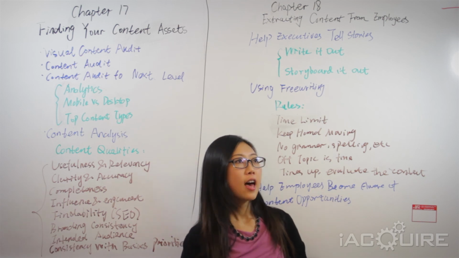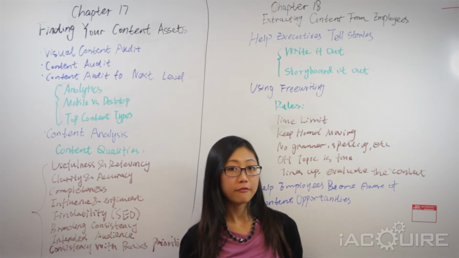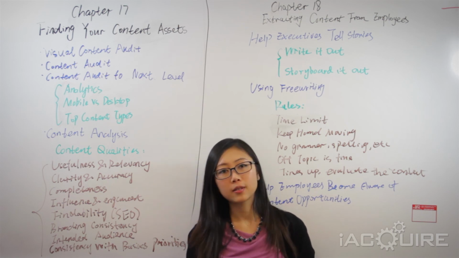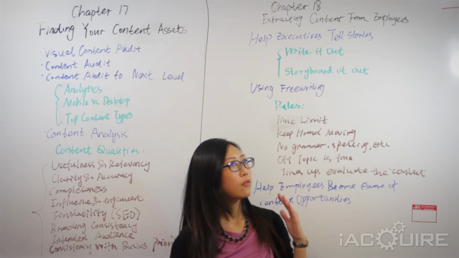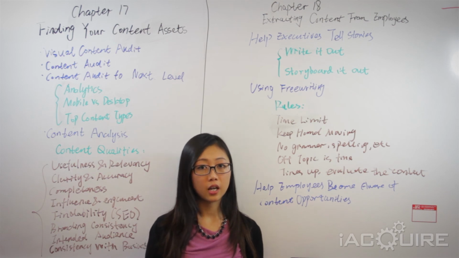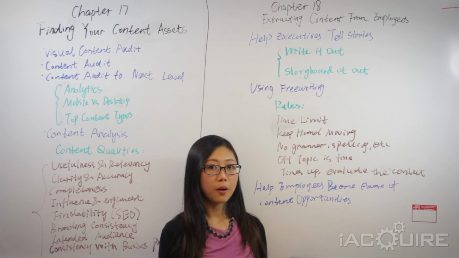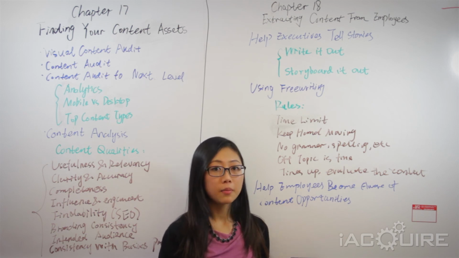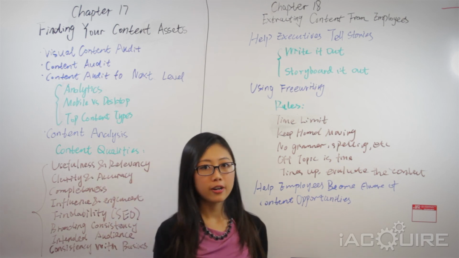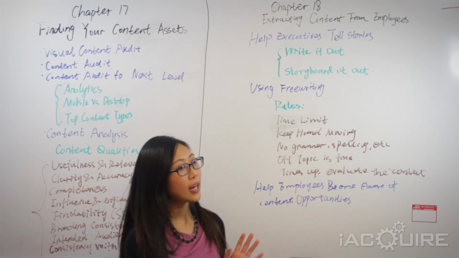These are really good content for FAQs, or can be expanded into blog post ideas. If all the salespeople and customer service representatives are aware of the content opportunities there, they can point the marketing department in the right direction about what content to create. This is a very valuable asset as well. So that's all for chapter 18.